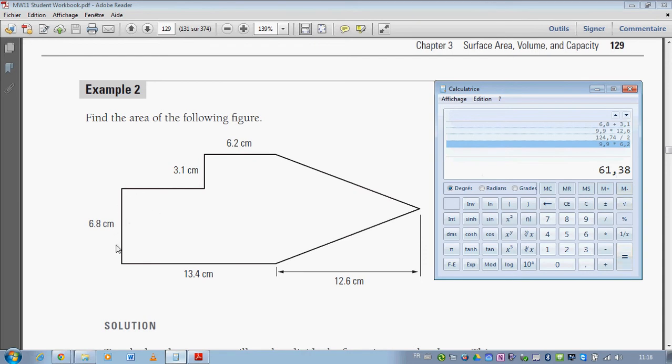And then finally, the area of this right here. We do have its height.